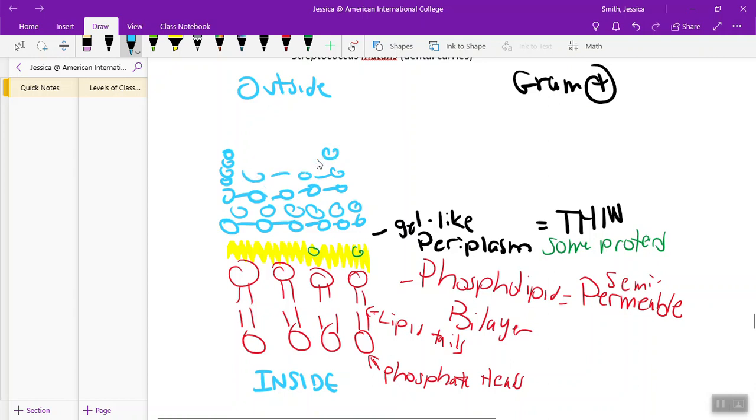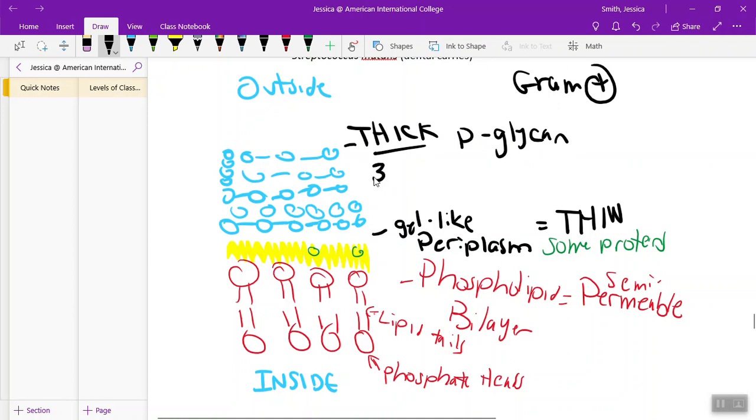You get the picture. So this is a thick peptidoglycan. When I say thick, I mean this is about 30 to 40 layers of those glycan chains, very thick.